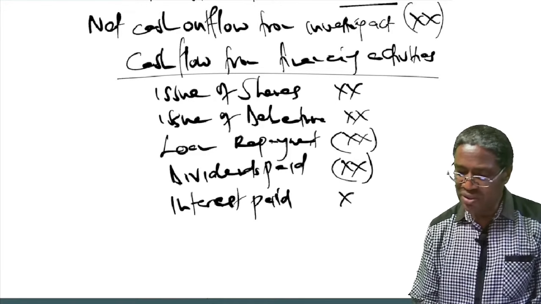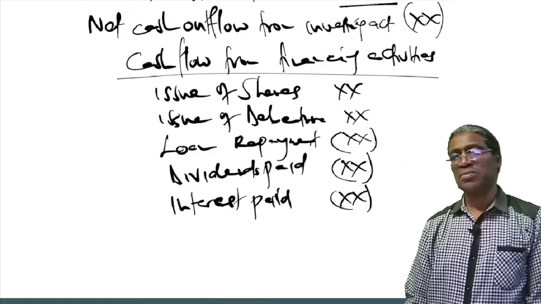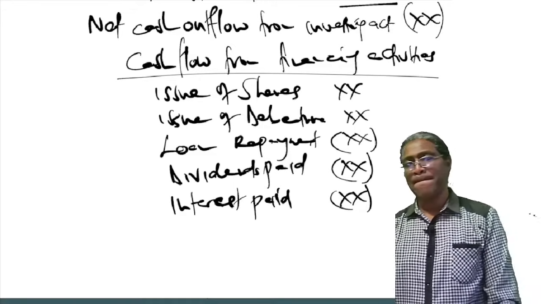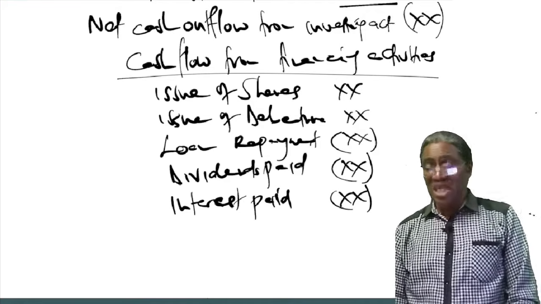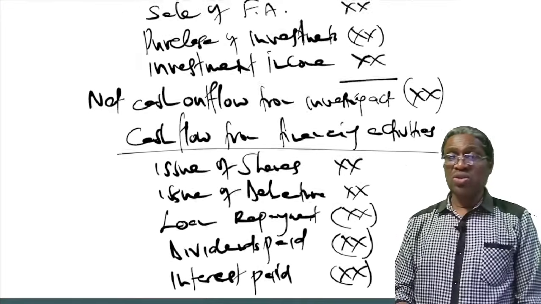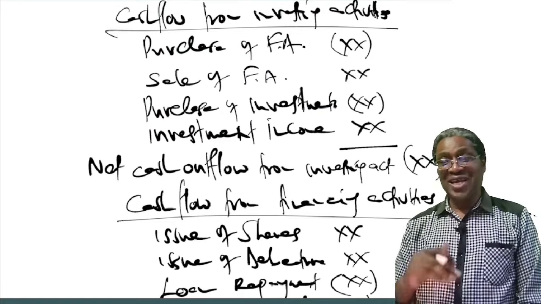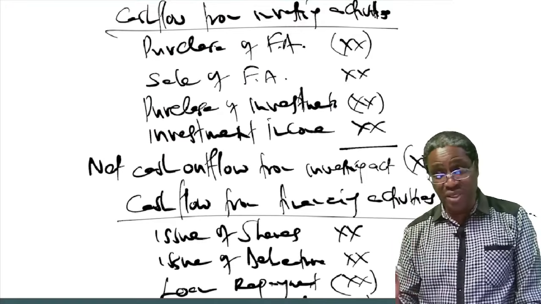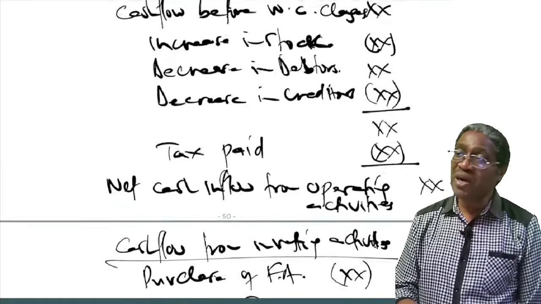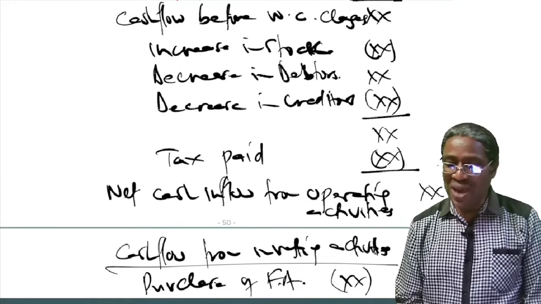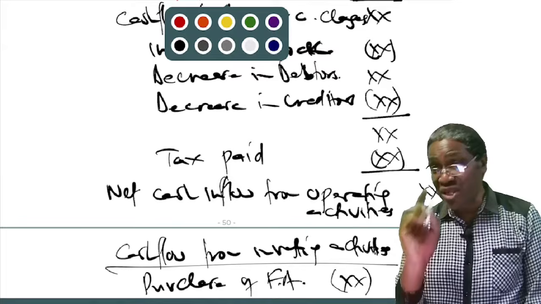Now listen carefully. You may take a book, and in that book, you realize that the interest the company paid is considered as part of the operating activities, together with the tax paid.